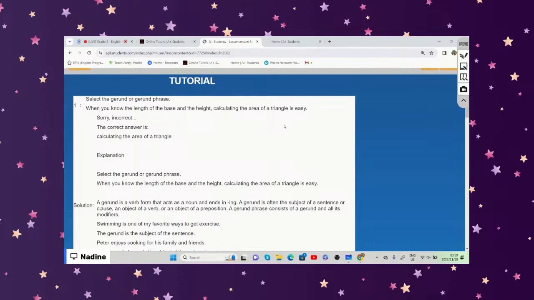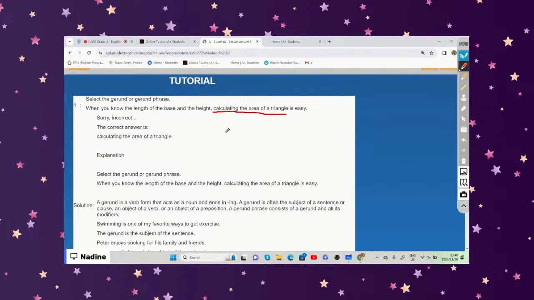So we either need to select the gerund or the gerund phrase. So which means that our gerund will be calculating, right? So our gerund will be calculating, and if we were to select the gerund phrase, then it will probably be calculating the area of a triangle.